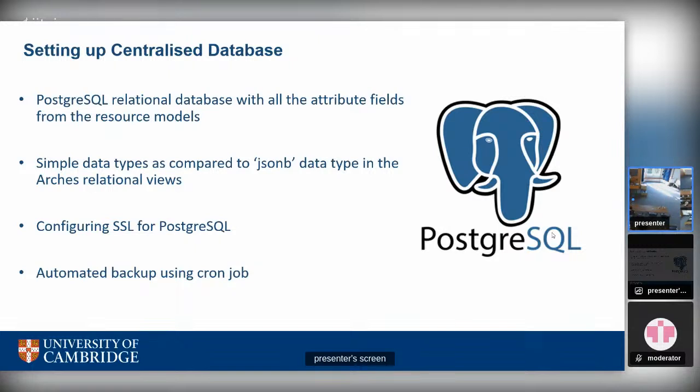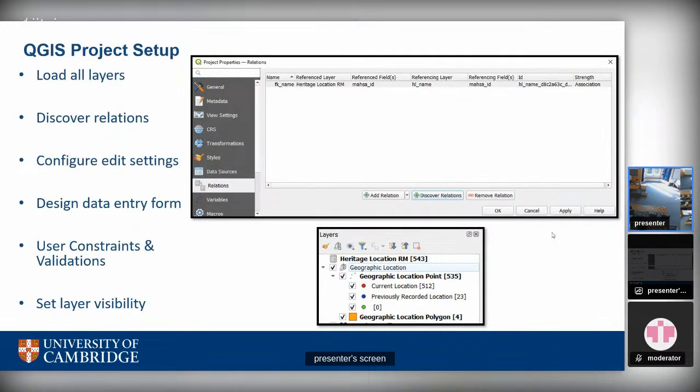So in one object, you can save the text for Urdu, English, and Hindi. But for our own case, we kept it light and used simple data types like string to ensure effective, secure communication. We configured SSL for Postgres, and then there is an automated backup routine using cron jobs as well. As a front end for this, we decided to make a QGIS form.